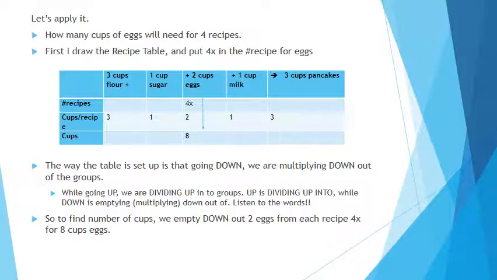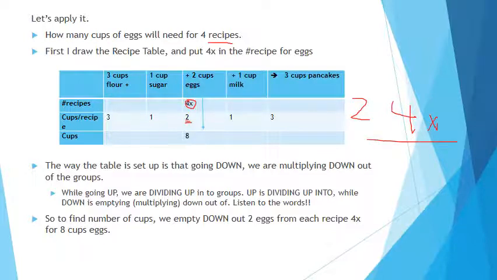All right, how many cups of eggs will be needed for 4 recipes? So I'll put the 4 here. I'm going to do the recipe 4 times. Every time I do the recipe, I need 2. So I'm going to do 2 4 times. If you heard my language, I just said 2 4 times. So I multiplied.